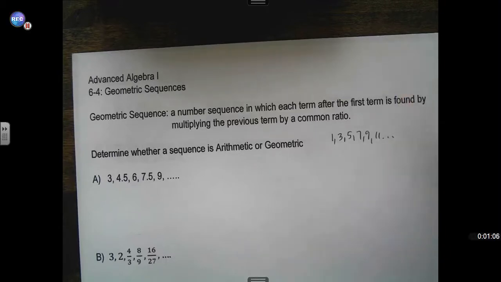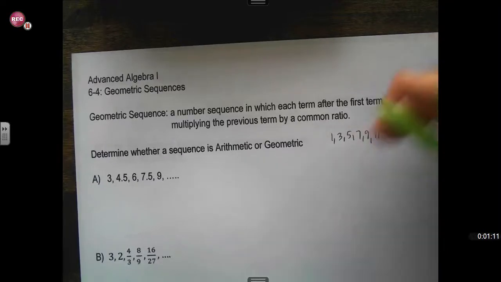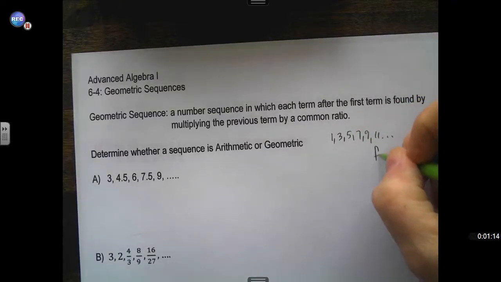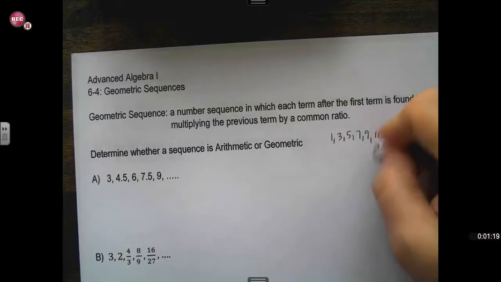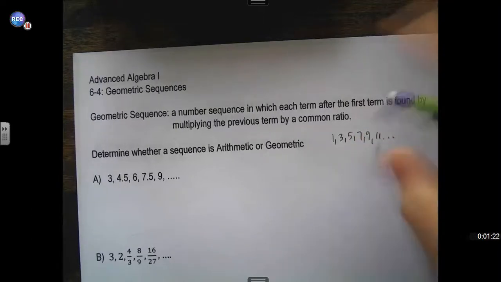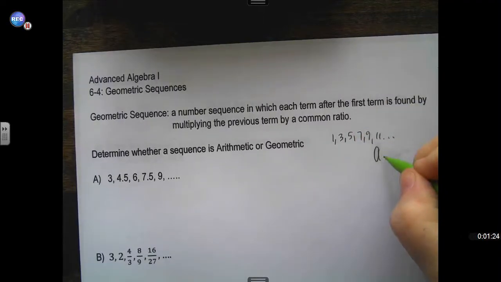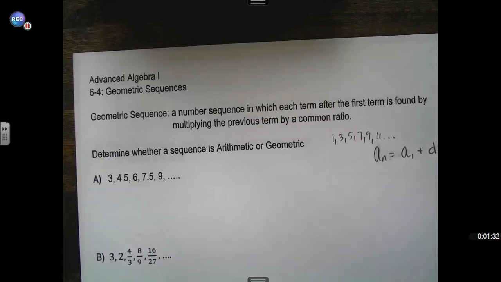Either way, it's an arithmetic sequence, and it's of the form a of n equals a sub 1 plus d times the quantity n minus 1, and that would get us the explicit formula. So if I wanted to know the 100th term, I would plug in 100 for n and figure out what the 100th term of the sequence is.